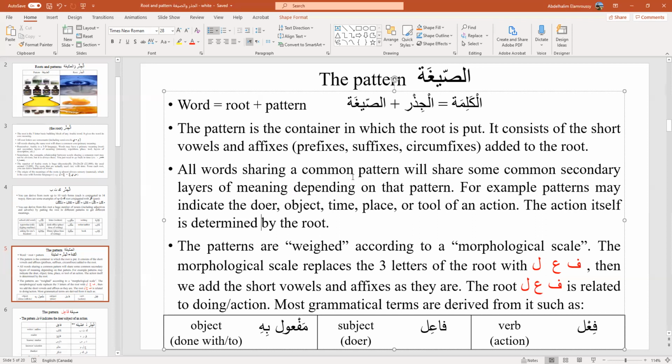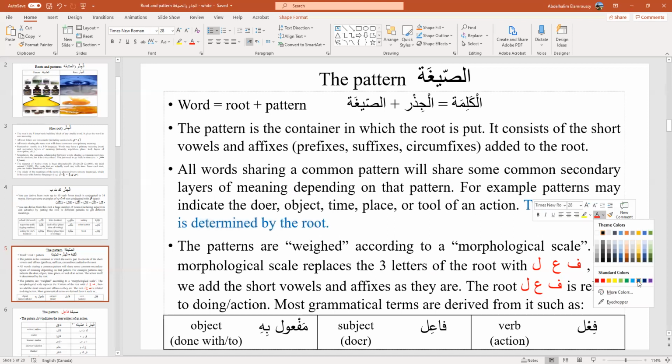So again, patterns may indicate the doer of the action, the object of the action, the time of the action, the place of the action, the tool of the action, the intensity of the action, the repetition of the action, etc. But the action itself is determined by the root.